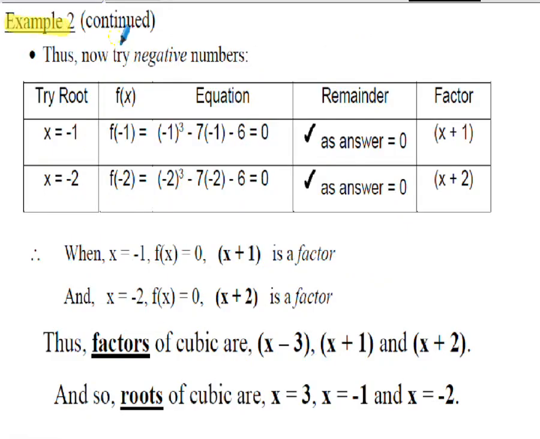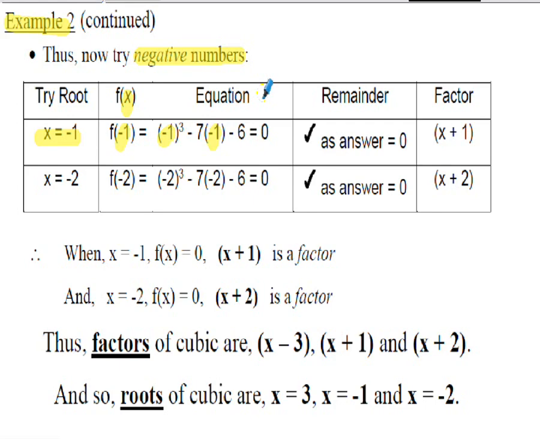Example 2, let's now try some negative numbers. Again, these are still divisors of the negative 6. Let's try x is equal to negative 1 for the root. What we do now is put the value of negative 1 for the x in the function of x equation. So on the left hand side it's function of negative 1 here. On the right hand side that would be negative 1 cubed minus 7 multiplied by negative 1 minus 6.